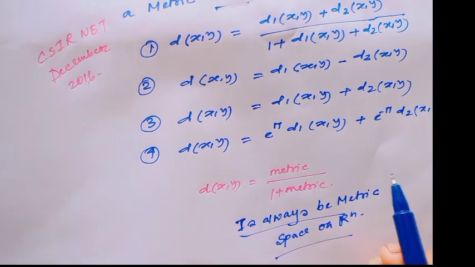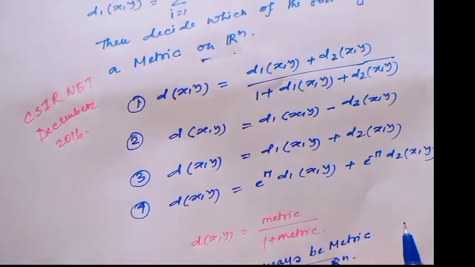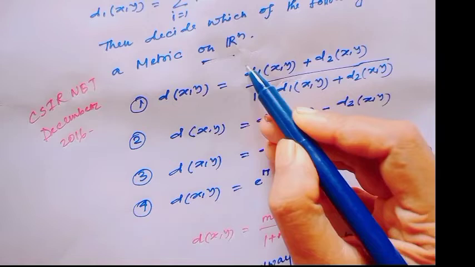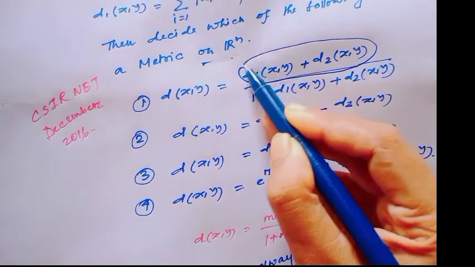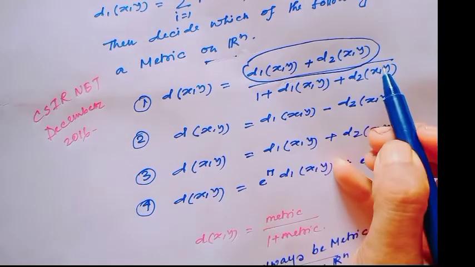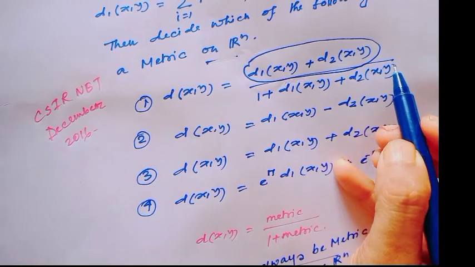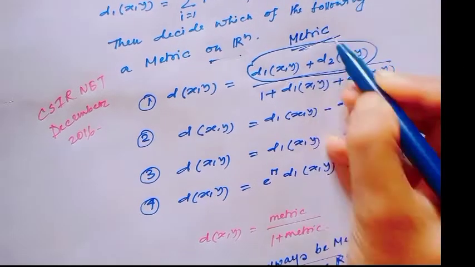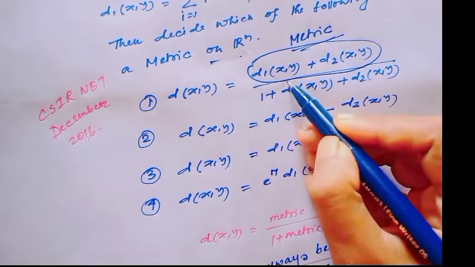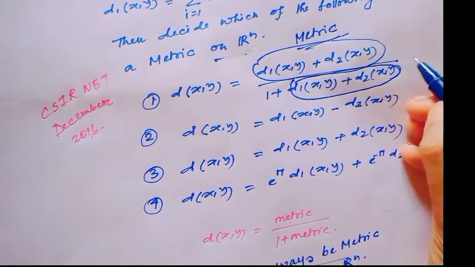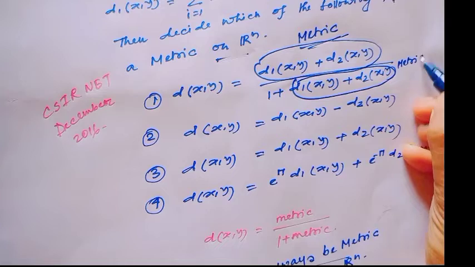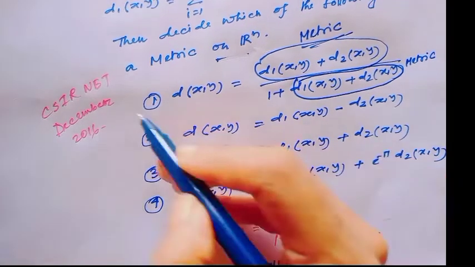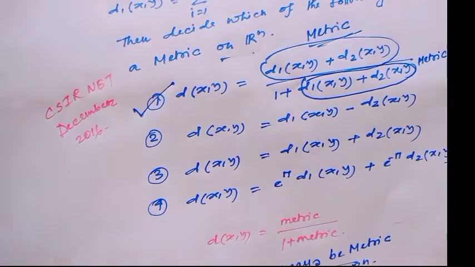We all know the sum of two metrics is always a metric. So obviously this is always a metric space. Consider this is a new metric, so obviously metric over 1 plus metric is always a metric. So the first option is the right option.